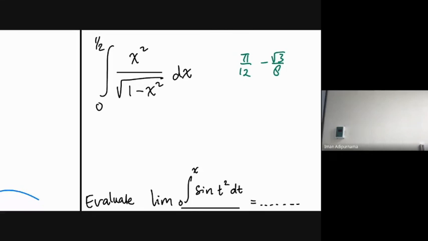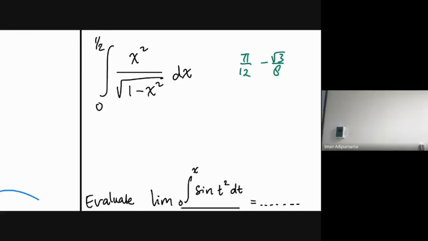Because if I write x is sine theta, my dx will be just cos theta d theta, right? And if you plug in this, 1 minus sine squared becomes cos squared, and the square root becomes cos.